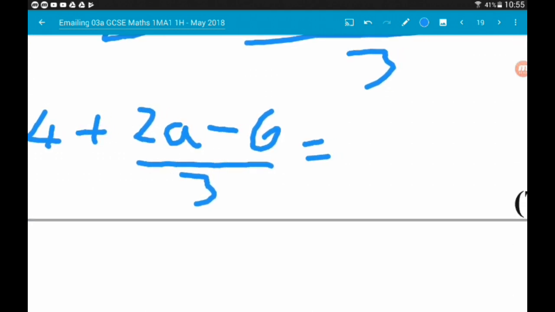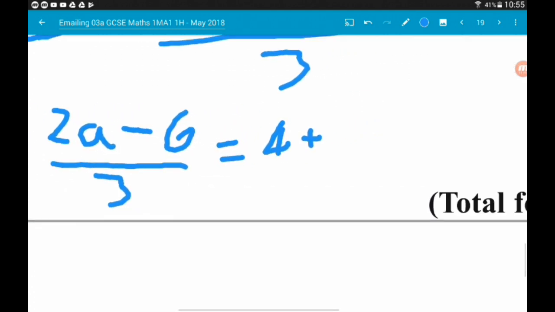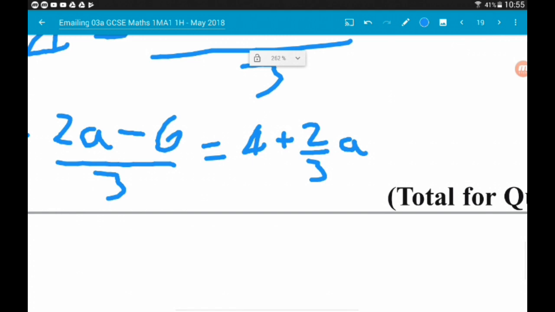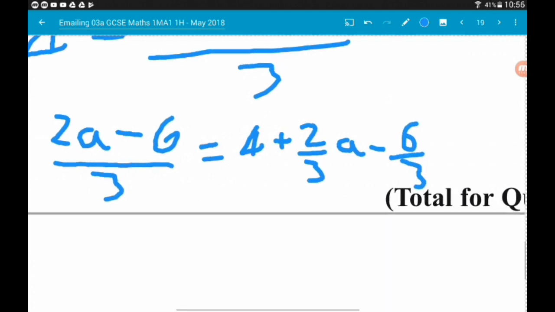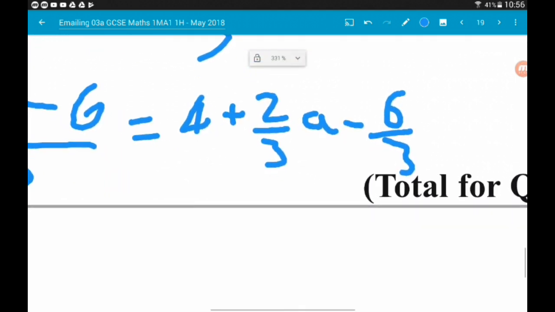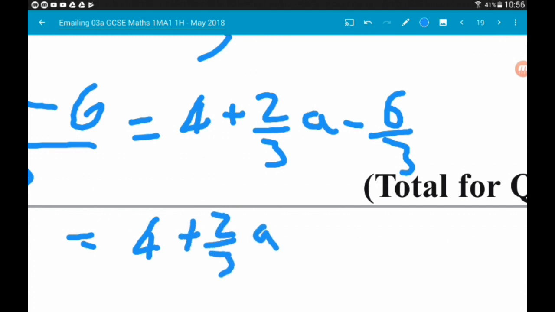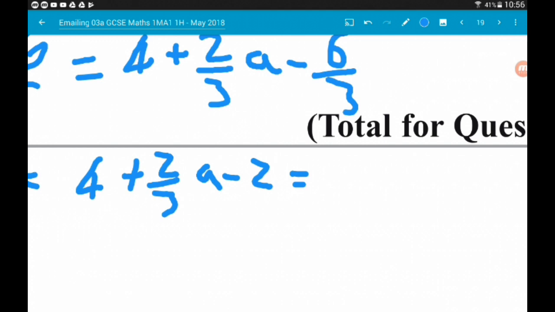So we could say we got 4 add 2/3 a minus 6 over 3. Now, this is equal to 4 add 2/3 a minus 2, which we could write as 2/3 a add 2.